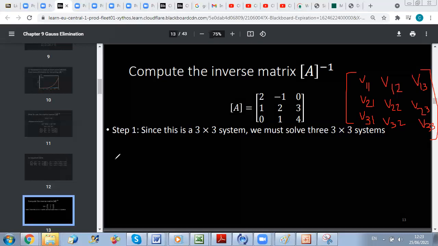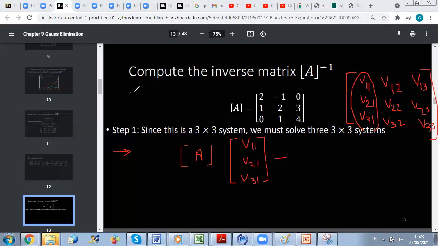In the first step, matrix A times the first column of A minus 1, which is V11, V21, V31, equals the first column of the result. When you do A times V, you expect to get the first column of the identity matrix.